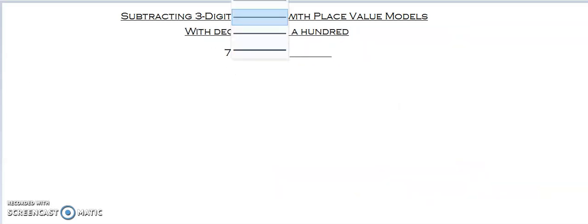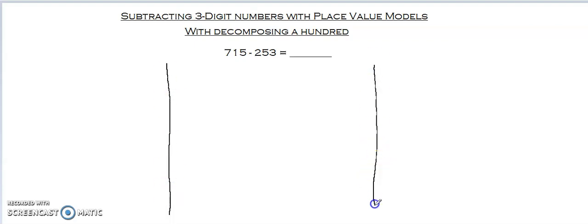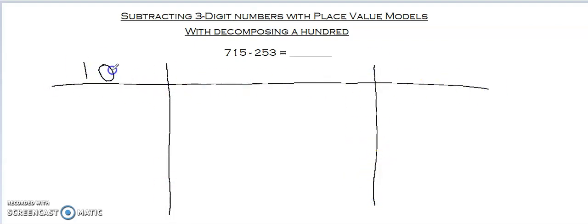In this part of the video, we're going to look at how to subtract when you have to decompose a 100. So we'll draw our model. I had to change up my numbers a little bit. So we have 715 minus 253.